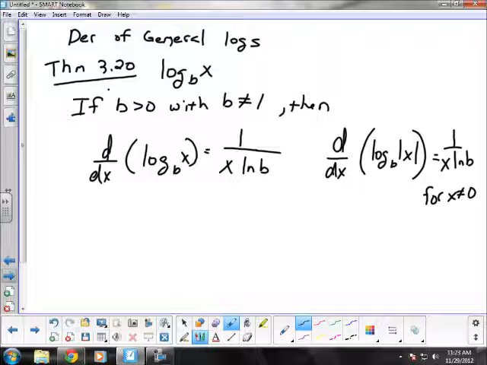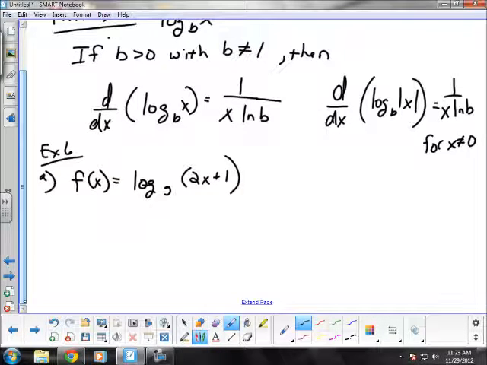Okay? All right. So example 6, part A. The first derivative of this, yes, log base 5 of 2x plus 1. Oh, yes, you're right.